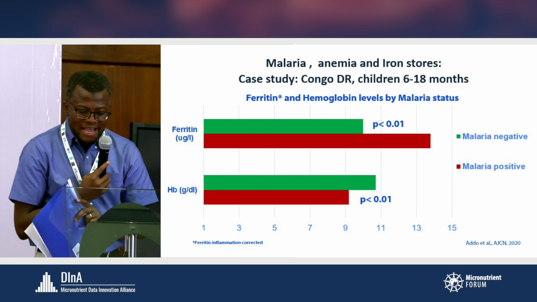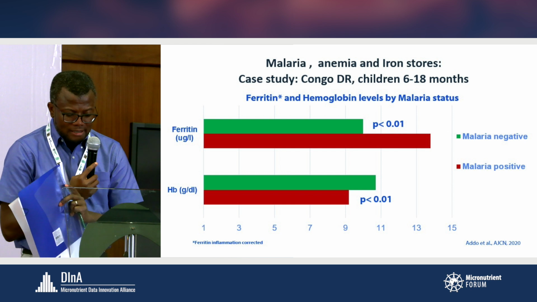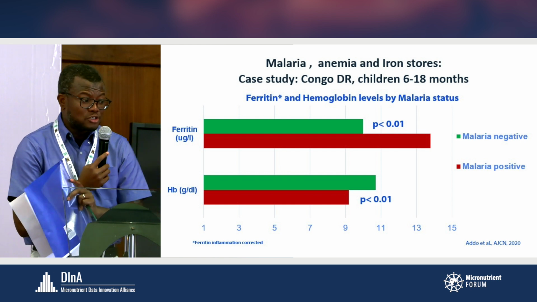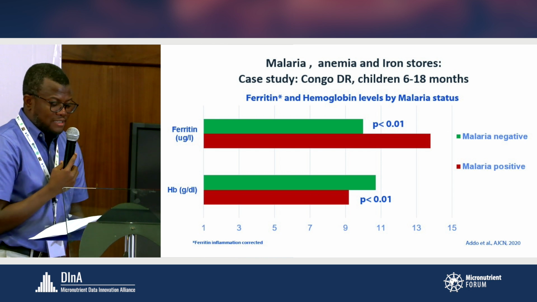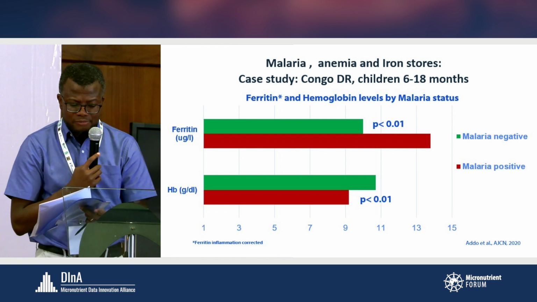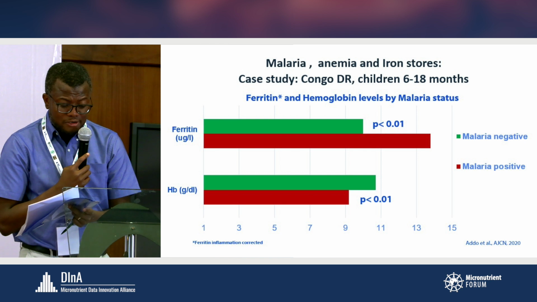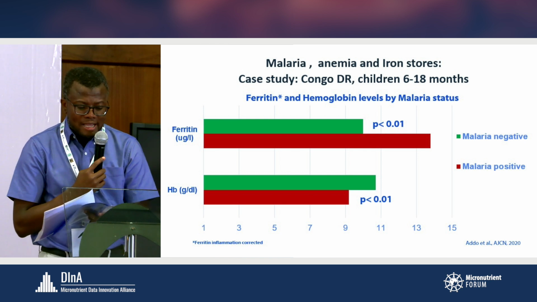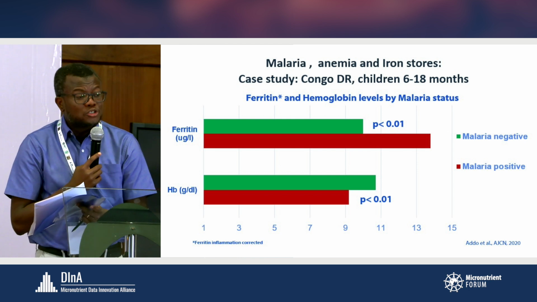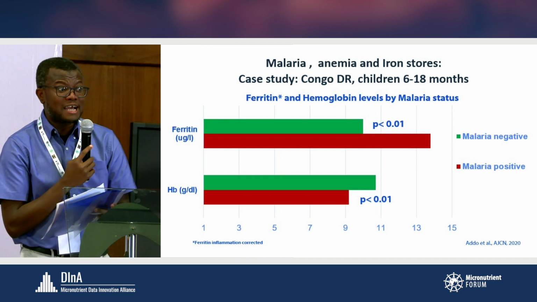I have one slide that is quite interesting and pertinent to the Africa region, especially malaria infection in children. It is from one of our studies in programs where we provided technical assistance to UNICEF DRC, and we show that in a malaria infection state, children that are malaria positive have higher ferritin status.